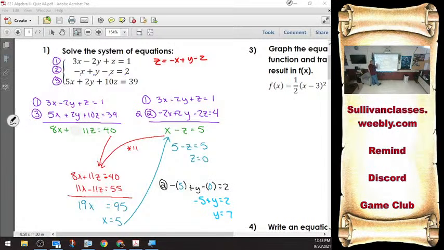Finish it off. Write your 3D coordinate. Any questions on it?